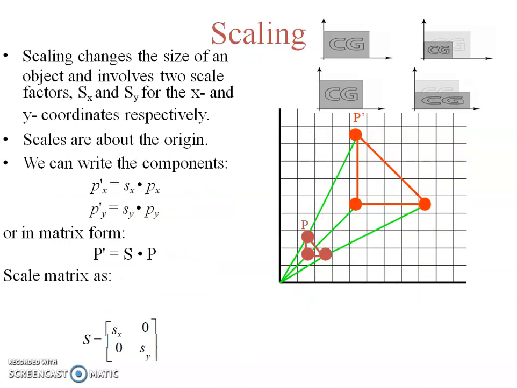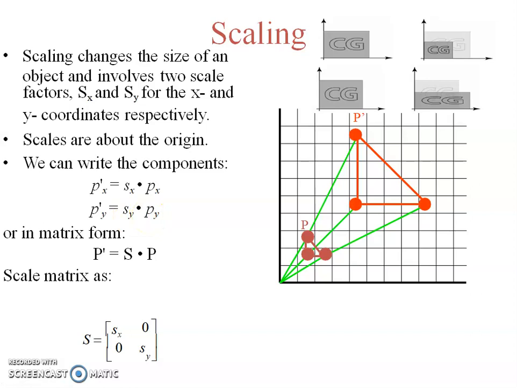Scaling changes the size of an object, and it involves two scaling factors, Sx for the x-coordinate and Sy for the y-coordinate. Scaling is always about the origin. Then we can write the components as P dash x is equal to Sx into Px, P dash y is equal to Sy into Py.